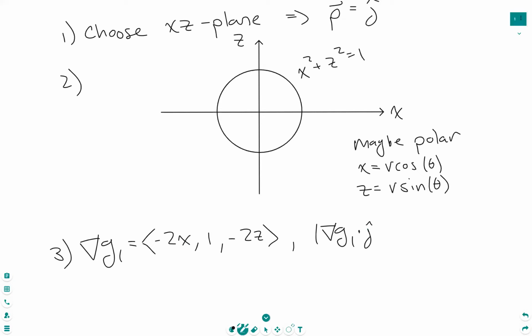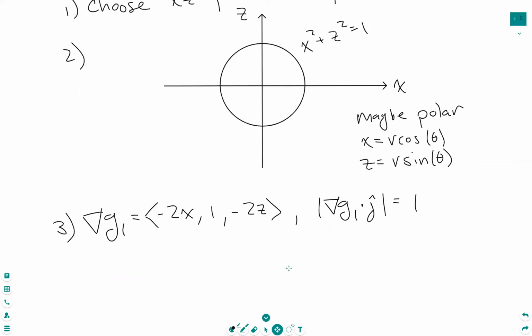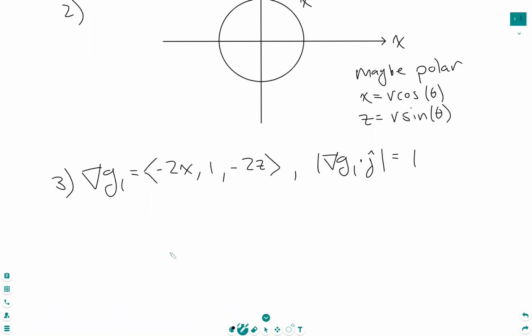Let's go ahead and put a j hat there. This is our y component, and we're just taking the absolute value, so we end up with 1. Okay, so now as an augment to doing a normal surface area integral, step 3 will also now include that plus or minus, right? So we need either plus or minus this grad g.